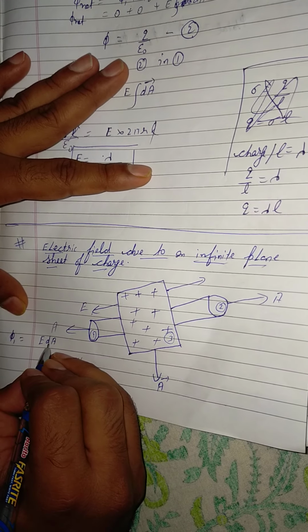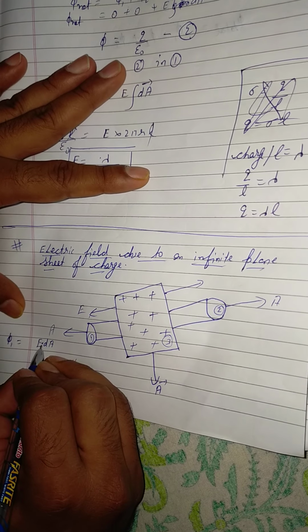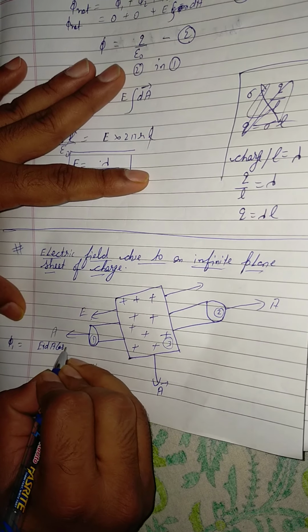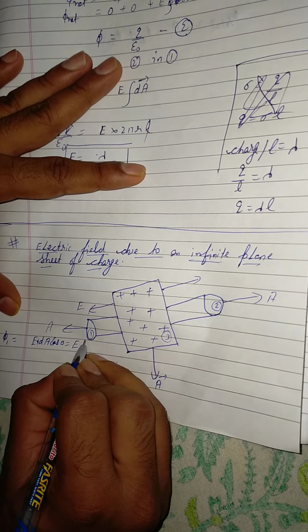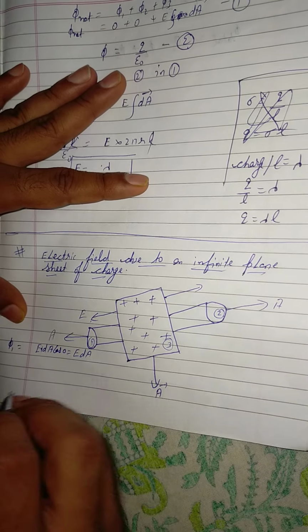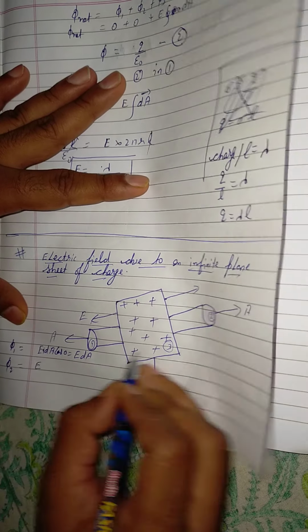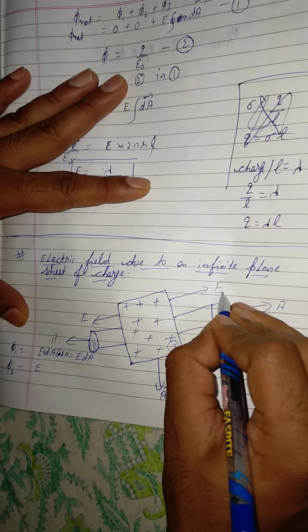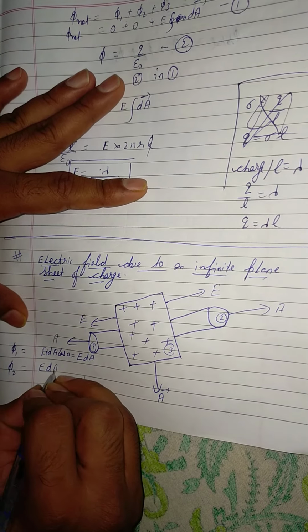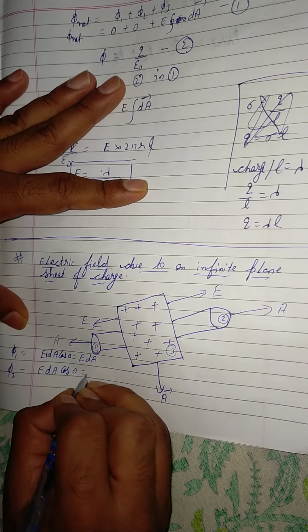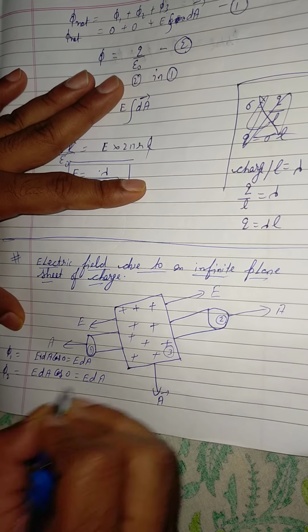So electric flux will be equal to E dot dA, the dot will be removed, cos 0 is 1, E dA. Similarly for the second surface, the angle between area vector and electric field is 0, E dA cos 0, E dA.